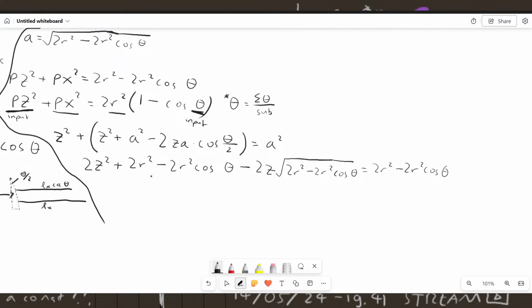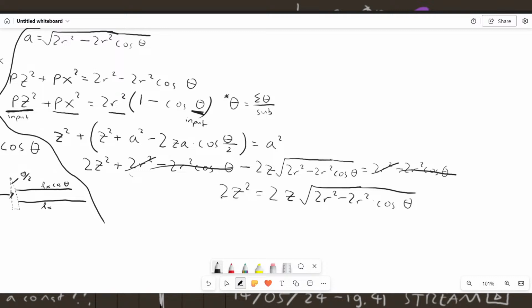Okay, first of all, this entire thing just cancels out. That's a bad sign, because stuff would probably get canceled out a lot. Okay, 2z squared equals 2z square root of whatever, 2r squared minus 2r squared cosine theta, multiply.